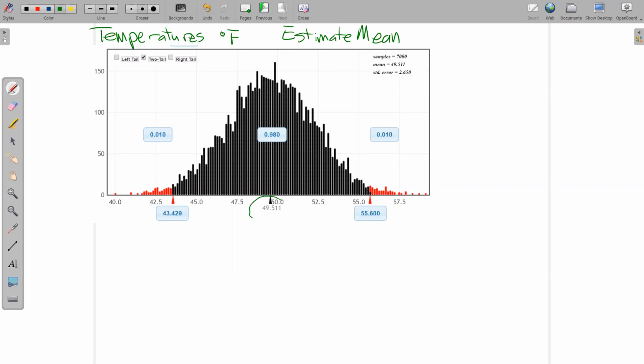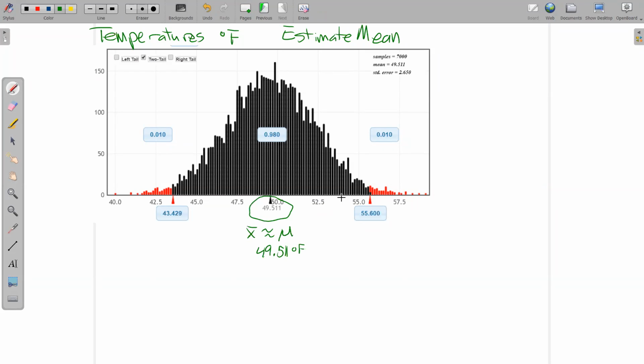So here's our point estimate. Based on this x-bar, we think that's approximately the population mean. According to the central limit theorem, they should be about the same. And we believe that's 49.511 degrees Fahrenheit. Now, the other thing is we can never be sure that's the population mean.